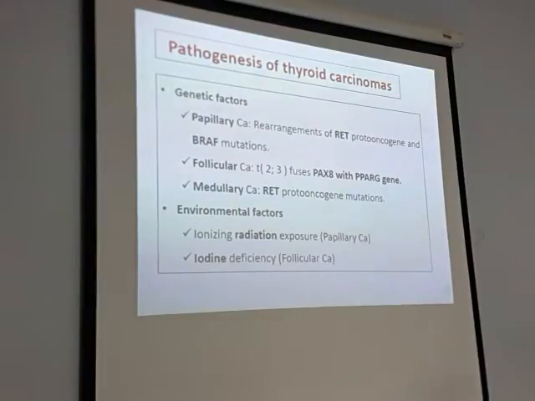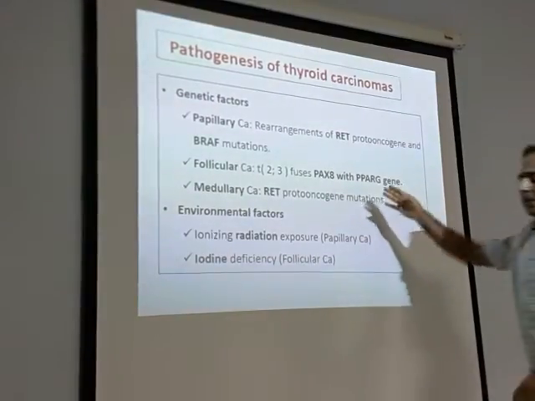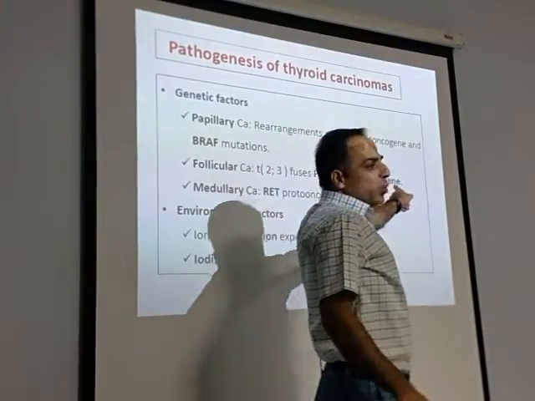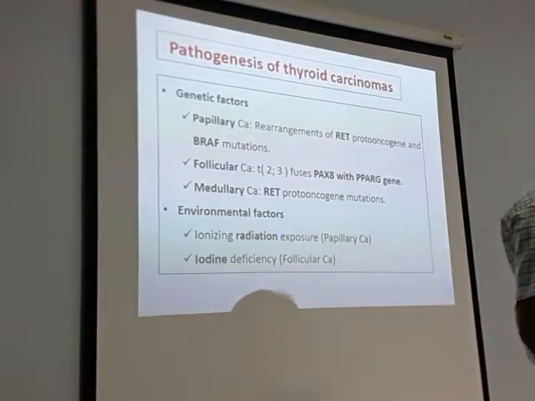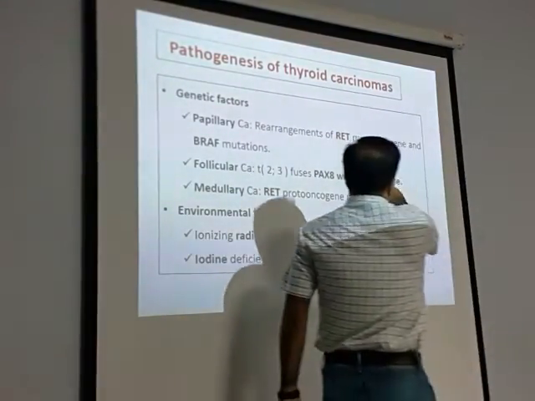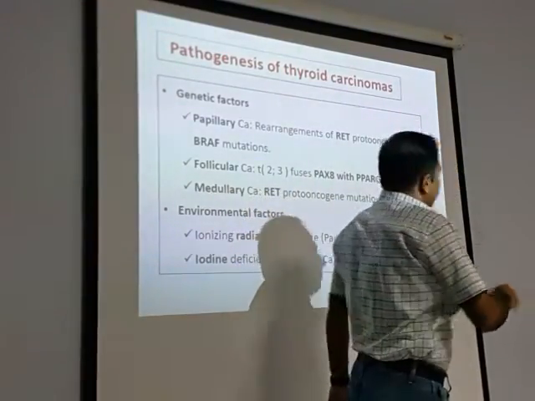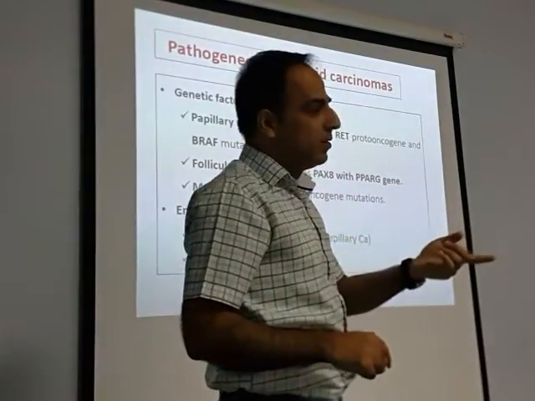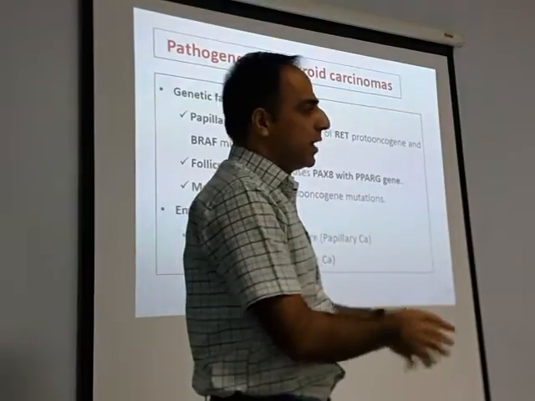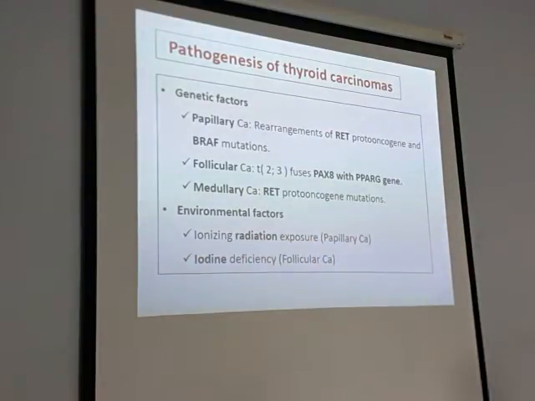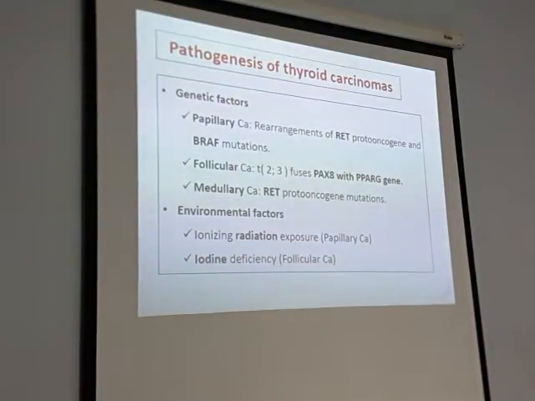PAX8 is a homeobox gene, and PPAR is the peroxisome proliferator-activated receptor gene. In previous books it was written gamma, now it is written G. These are the changes which scientists make, and we have to get along with them. So PAX8 with PPARG. These mutations you should remember. Important.